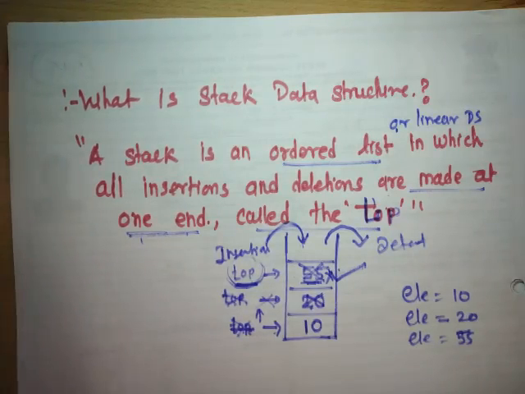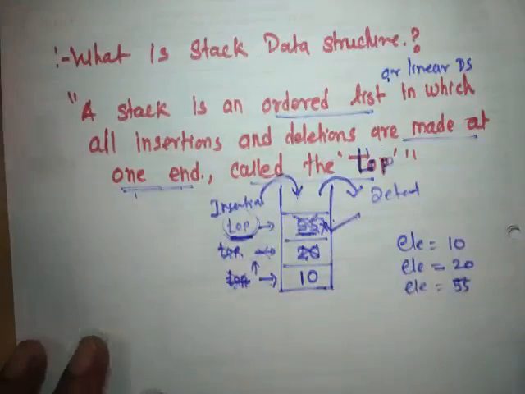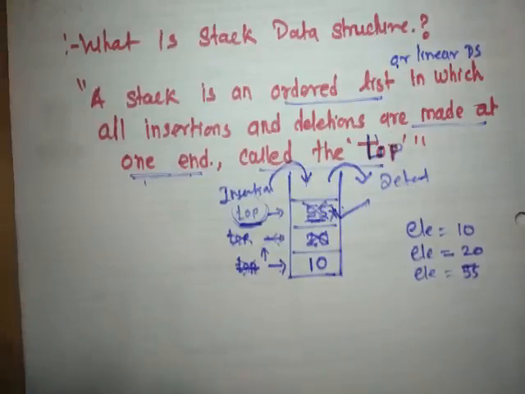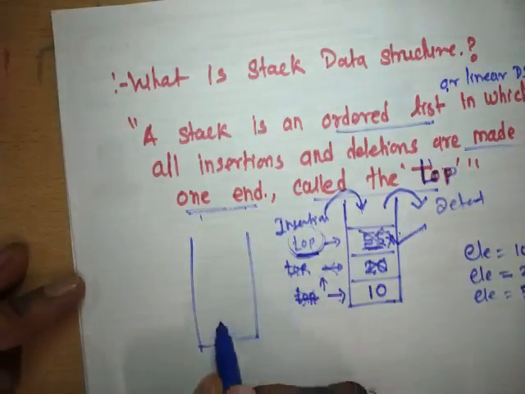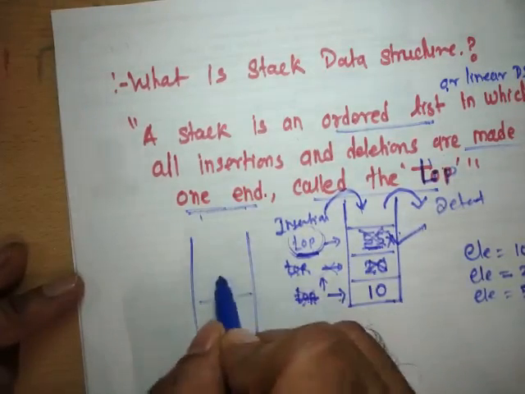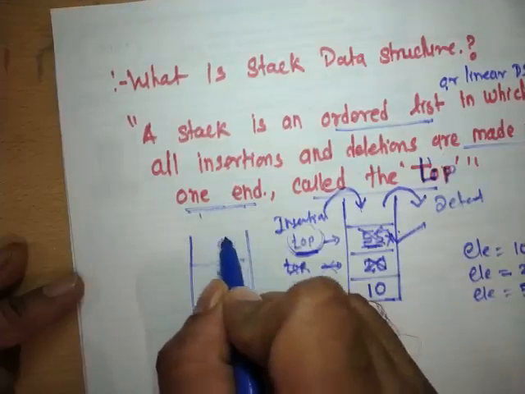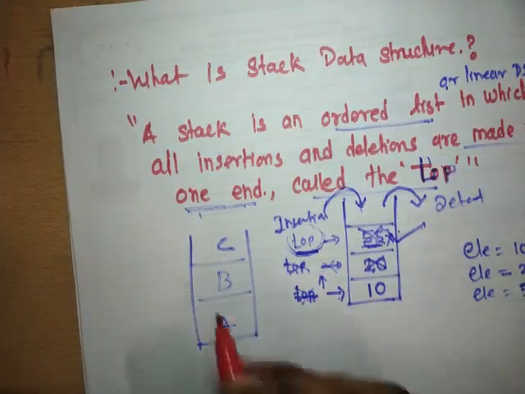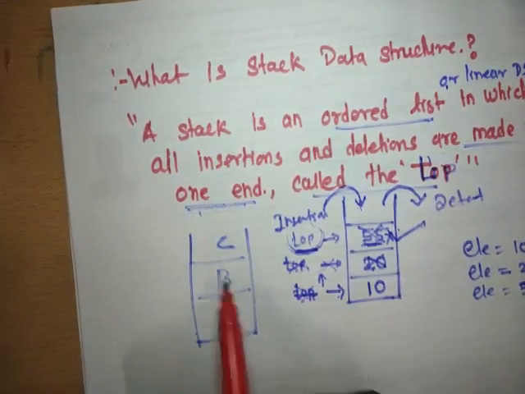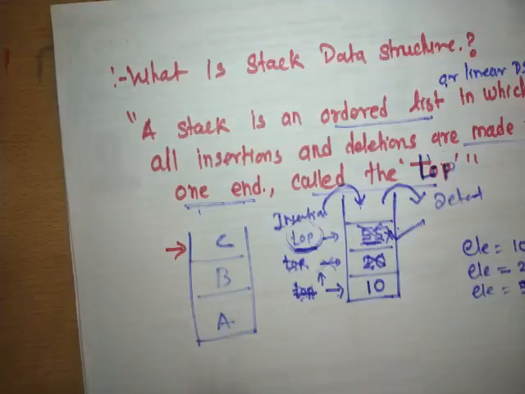So very simple, what is a stack and what is the restriction of stack? If we insert elements, I'm going to take one more example like this. Suppose we are inserting A, B, C. So we are inserting these three elements here, A, B, C. Which element are we going to remove first?